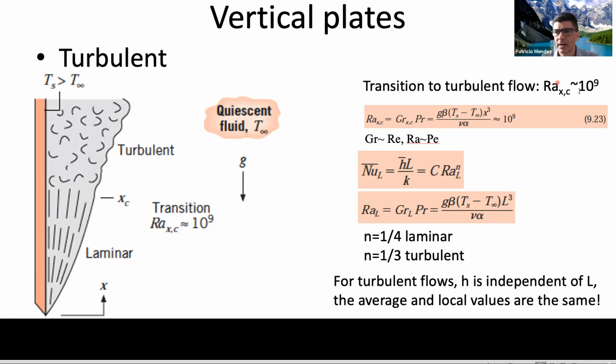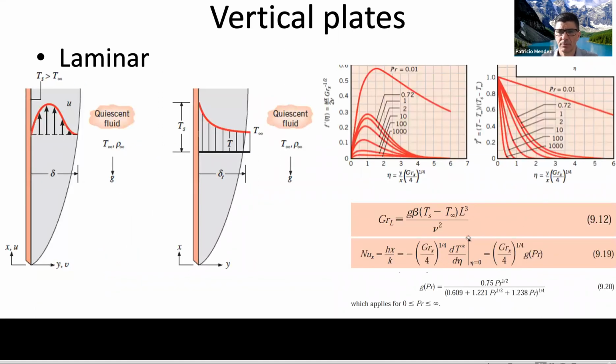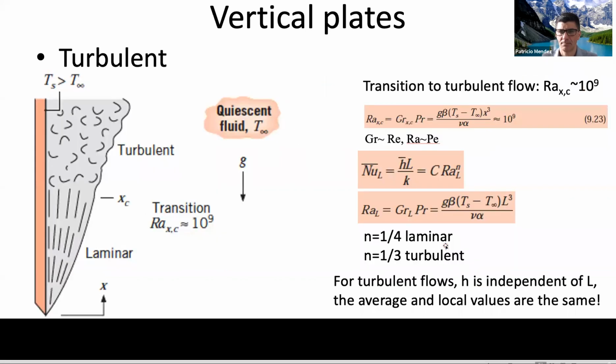If the Rayleigh number is more than 10 to the 9, here we have correlations C times Rayleigh to the n, and I'm going to be showing you correlations in the next slide. And if the Rayleigh number is less than 10 to the 9, for the case of local Nusselt and local h, we have another correlation that comes from quite fundamental treatment.